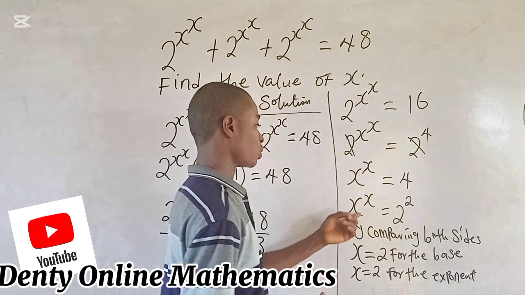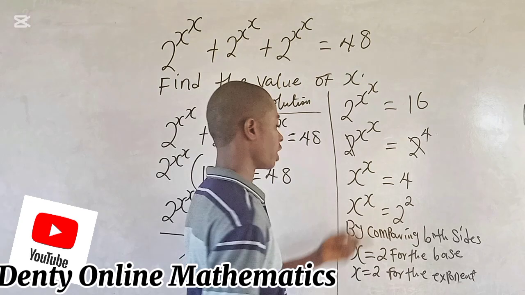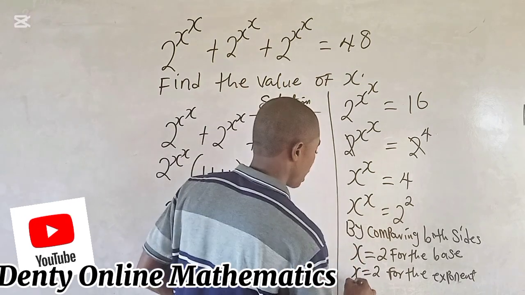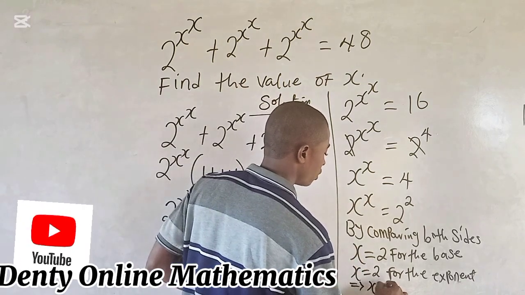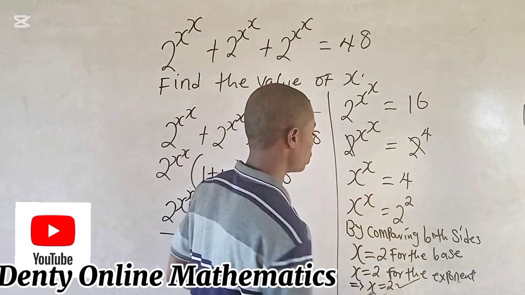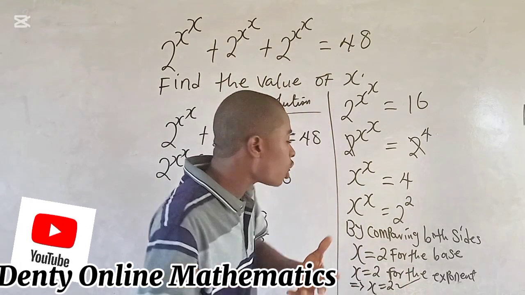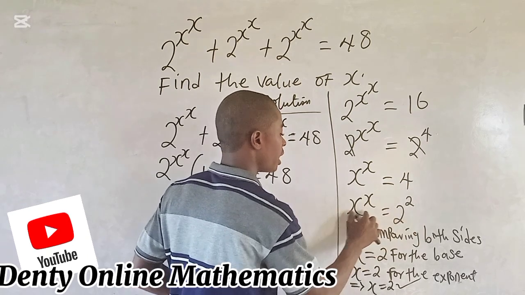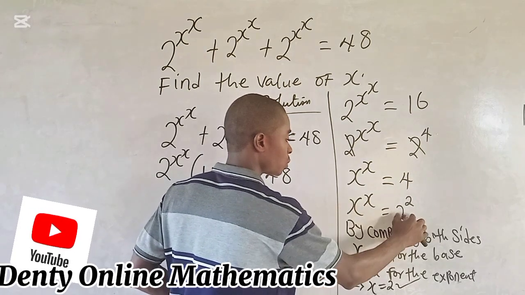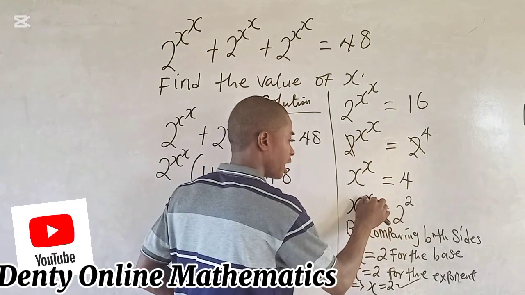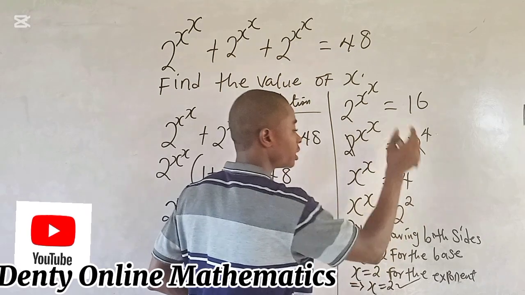So x is equal to 2 for base, x is equal to 2 for exponent. So I can conclude and say this will imply that the value of x that will satisfy the equation will be equal to what? 2. Because the base is 2, the base x is also 2 here, and the exponent x is also equal to the exponent 2.